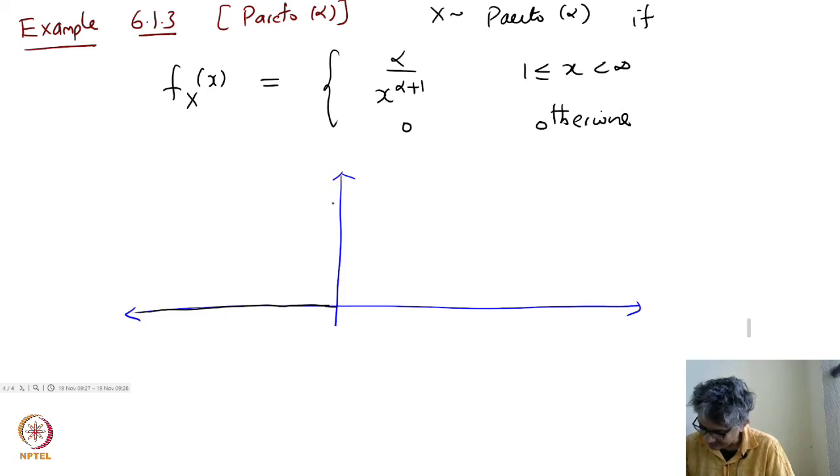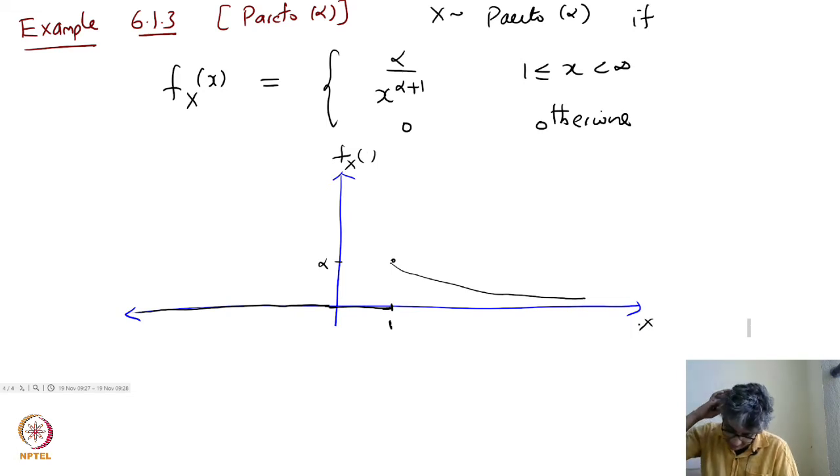At 1 the value is alpha, right here, and then it comes down. That's how the function looks, that's how f sub x looks.